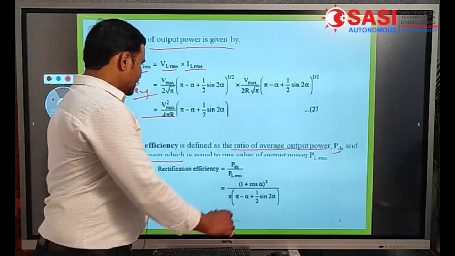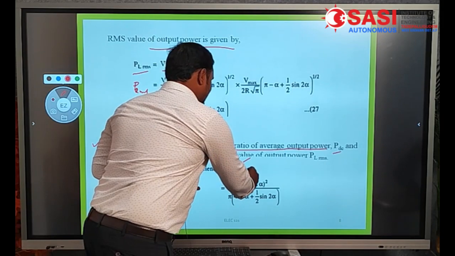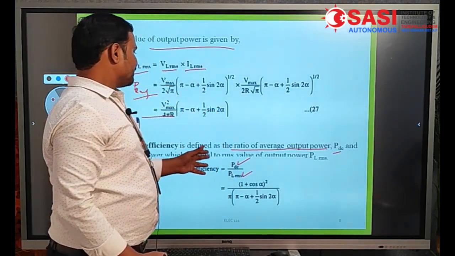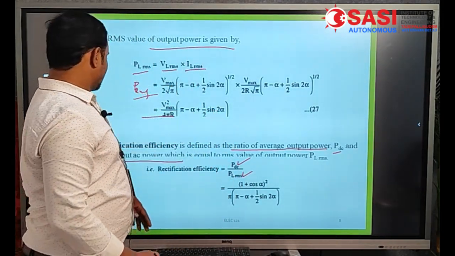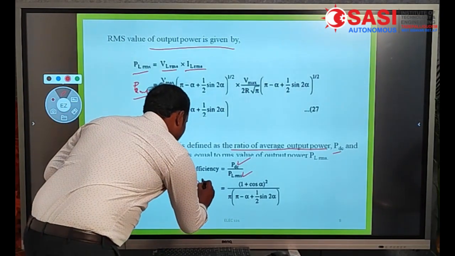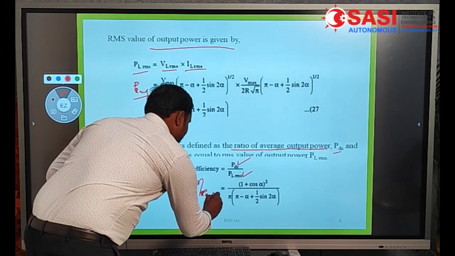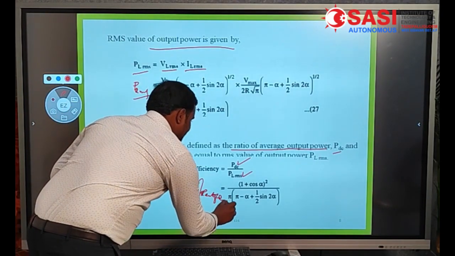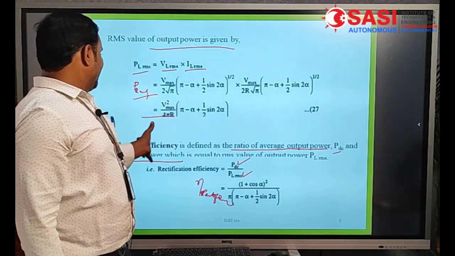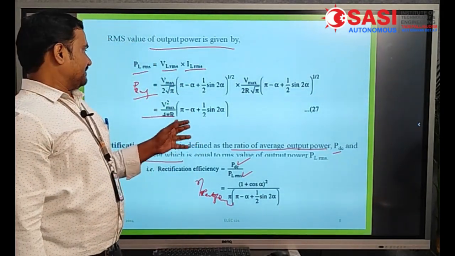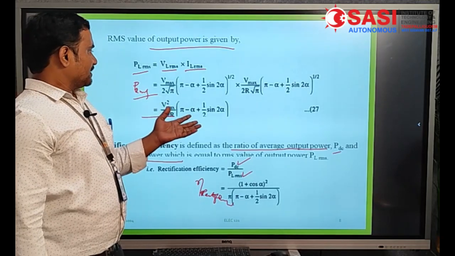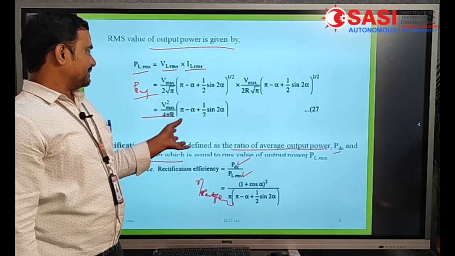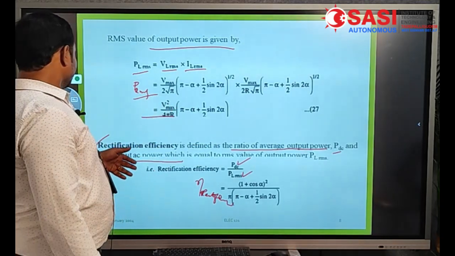We have already calculated PDC and PRMS, so we'll get the rectification efficiency of this circuit. So this is about finding the efficiency of the controlled rectifier circuit by taking PDC by PRMS.